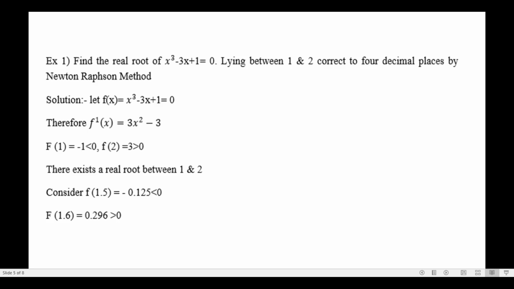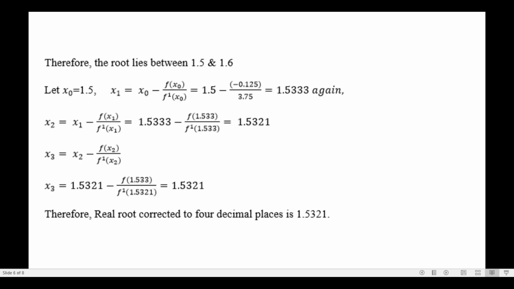That means the root lies in between 1.5 and 2. Now again consider f of 1.6, that is 0.296, which is greater than 0. So we can say that the root lies in between 1.5 and 1.6.